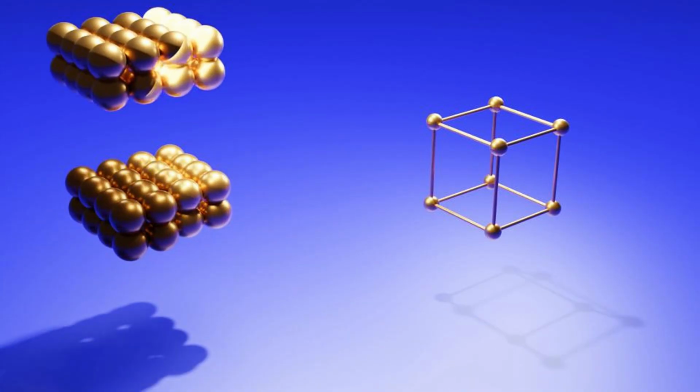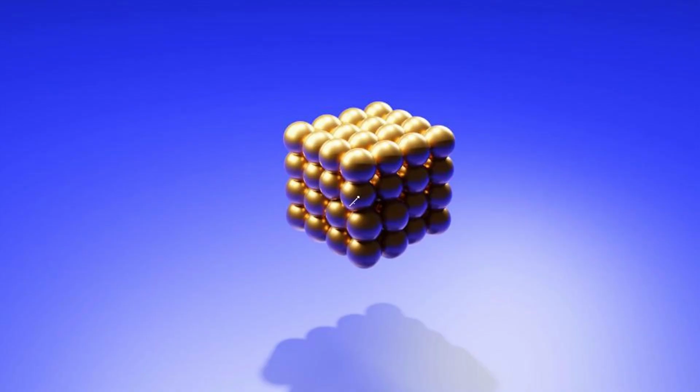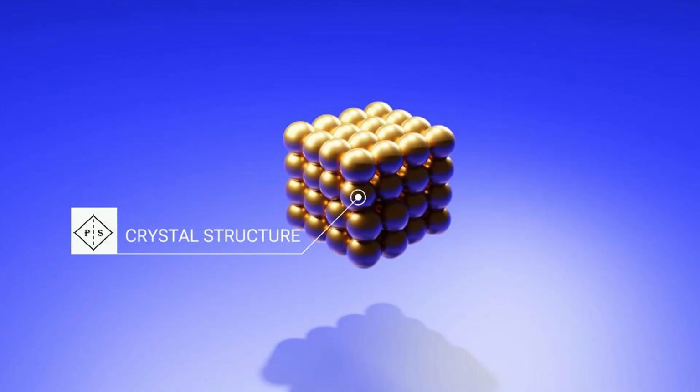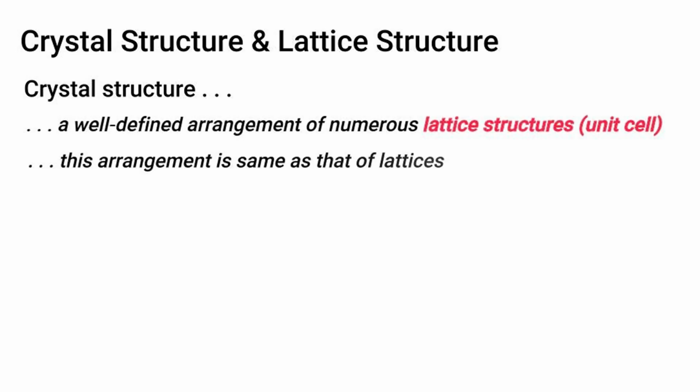Now we arrange numerous crystal lattices next to each other. We will get a larger cube, which we term the crystal structure of copper. Therefore, a crystal structure is made up of numerous crystal lattices, and the shape of the crystal structure is the same as that of the constituent crystal lattices.